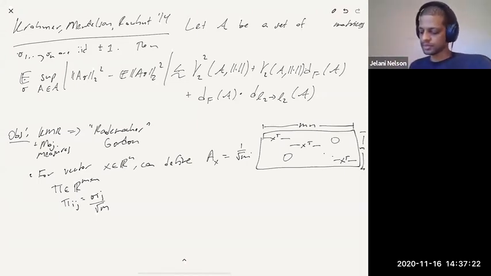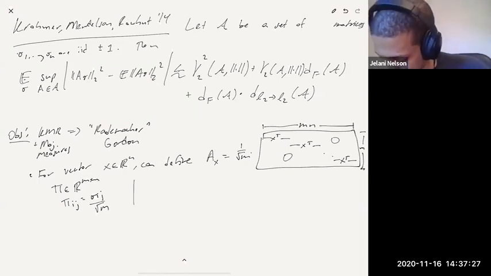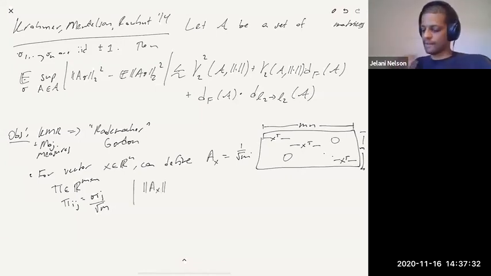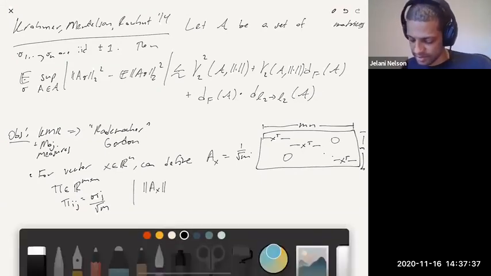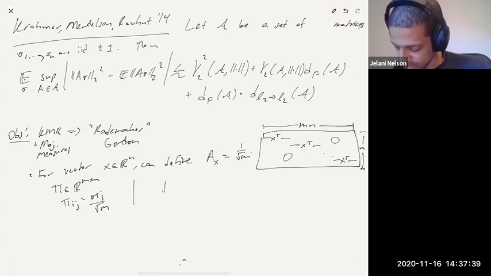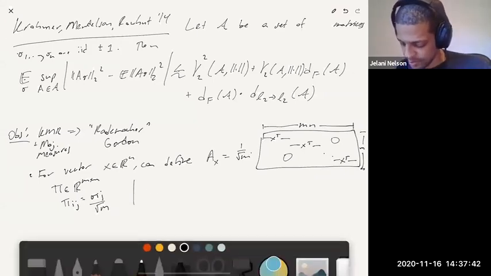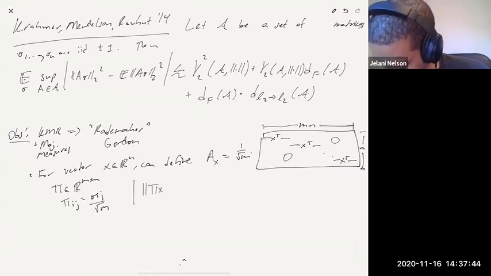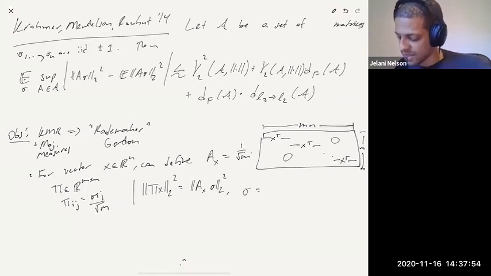Okay. Now, what I wanted to say is just this. The L2 norm squared of pi x is the same thing as the L2 norm squared of A_x sigma, where now sigma is a really big, mn-dimensional vector.